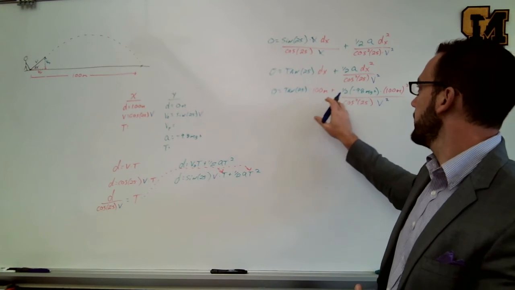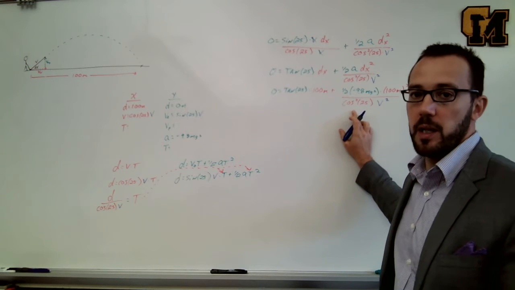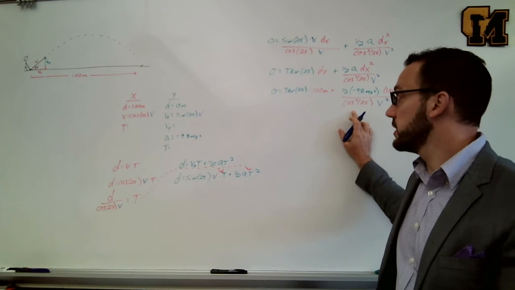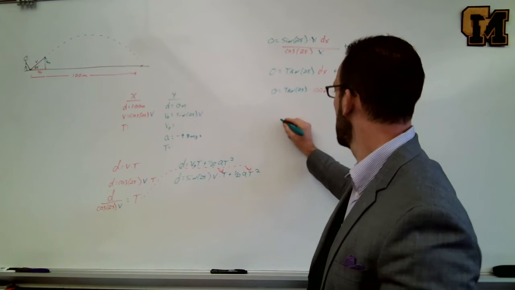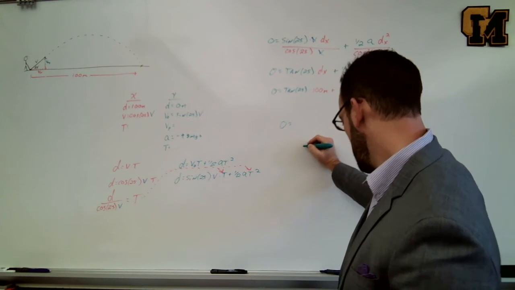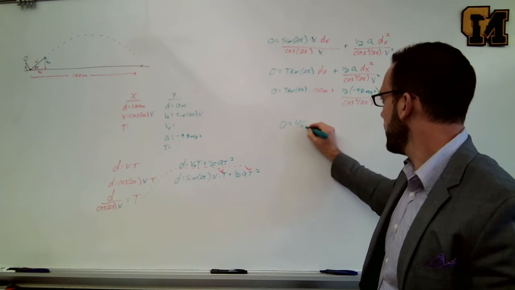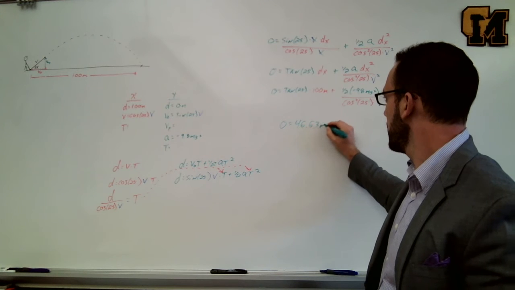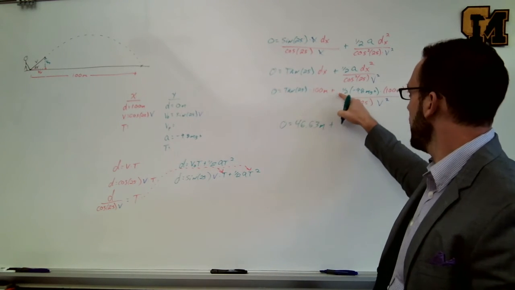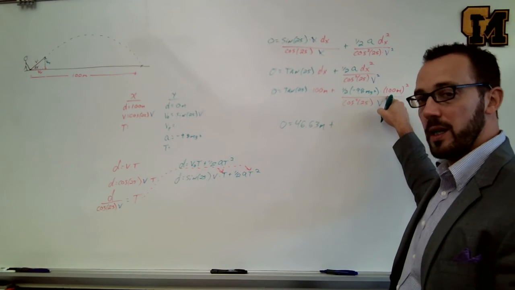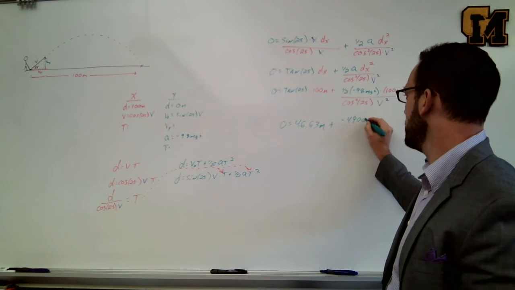I'm now going to plug this stuff into my calculator. Tangent 25 times 100, 1/2 times negative 9.8 times 100 squared, and I can even plug in cosine of 25 and square that. What I'm going to get is 0 equals the tangent of 25 times 100, which is 46.63 meters, stays as my unit, plus 1/2 times negative 9.8 times 100 squared is going to get me negative 49,000.